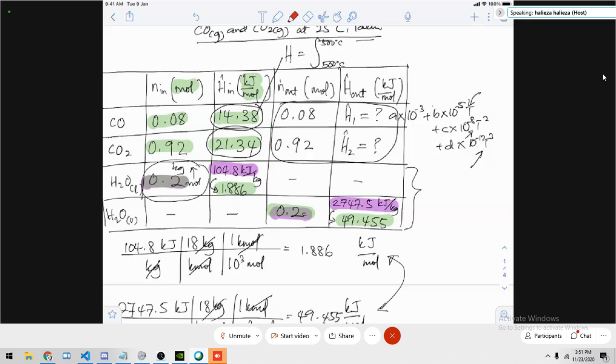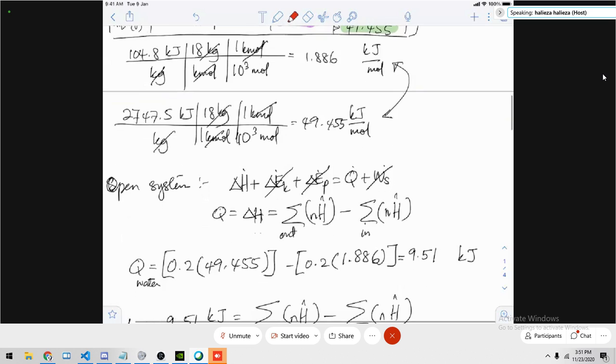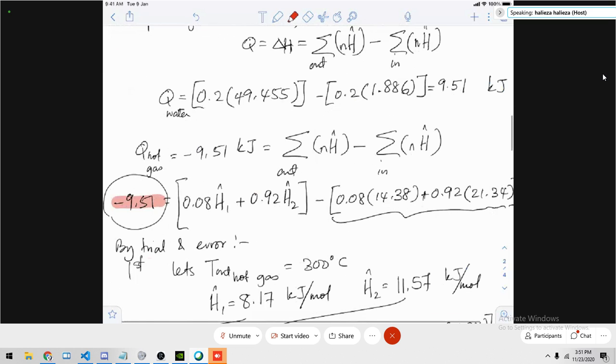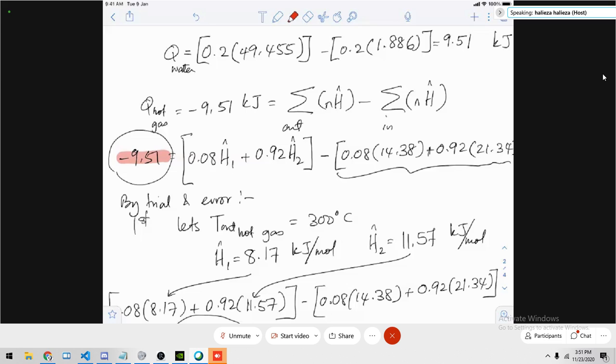There's more work there because there's T to the power of 2, T to the power of 3. But if you use appendix B8 as the reference state, whereby you can get the values directly, it's just putting in the value that you get from the table inside the equation and seeing whether it turned out to be negative 9.51. That is far easier than using the integration.